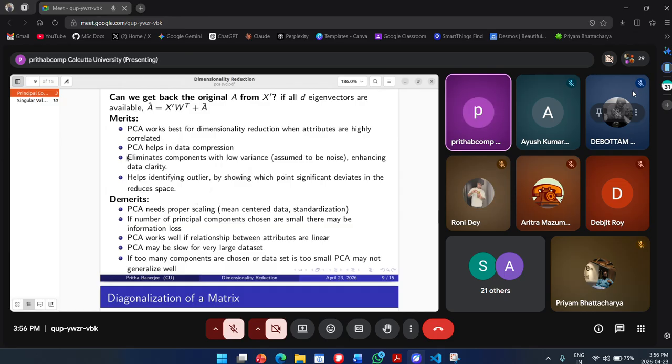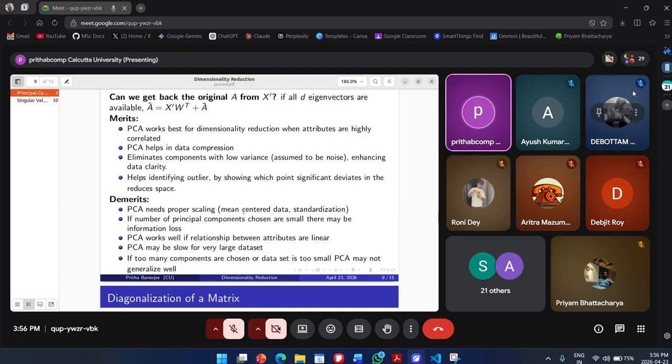And what are the demerits? One thing is that in order for PCA to work properly, it needs proper scaling, like mean centered data or some kind of standardization of all attributes. If one attribute is on a scale of 0 to 10, and another is, let's say, 1 lakh to 2 lakh, that will require standardization.